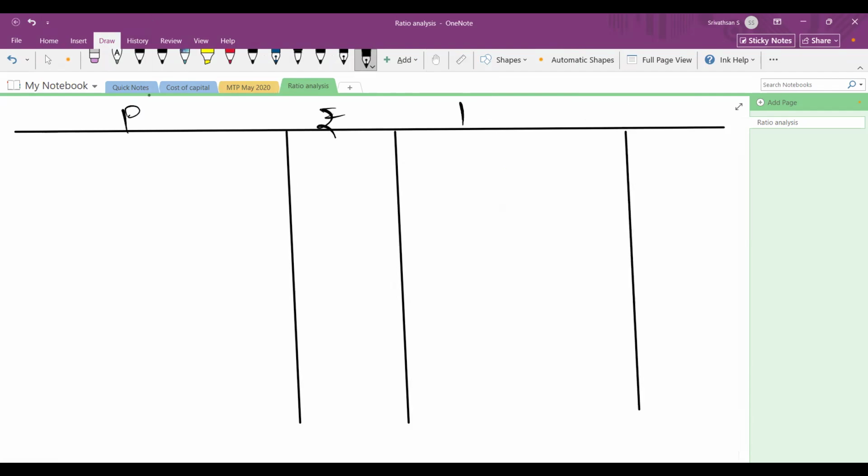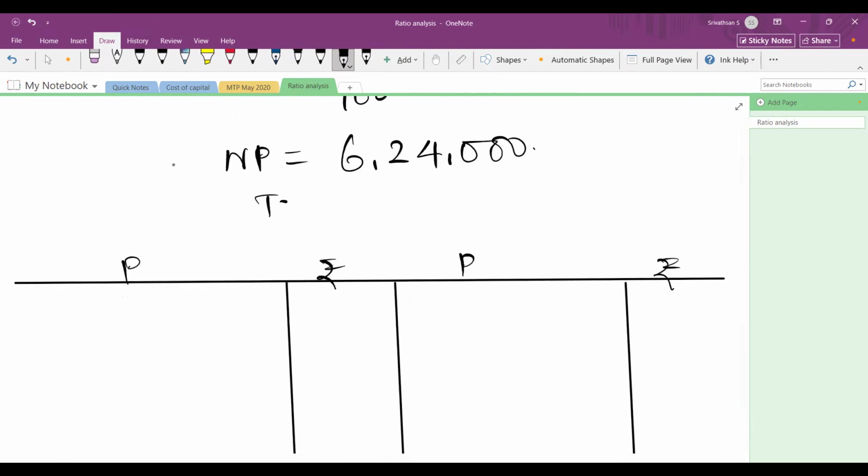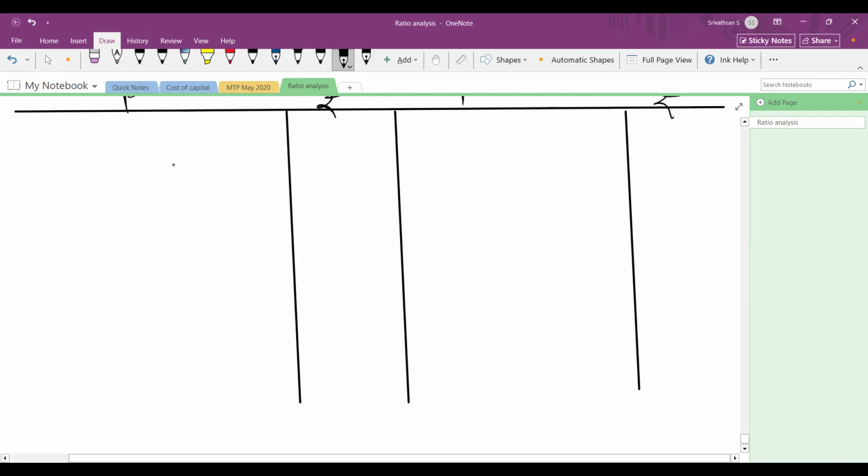Particulars, rupees, particulars, rupees. Please follow the proper format. For saving time, I'm just doing a rough work. Trading and P&L account. So first, by sales, what is the amount of sales?